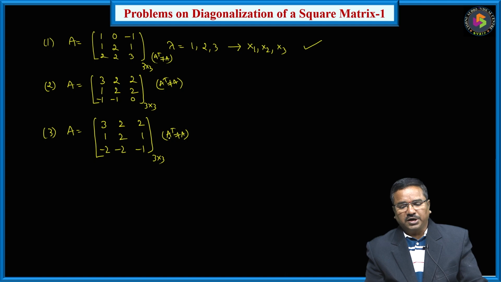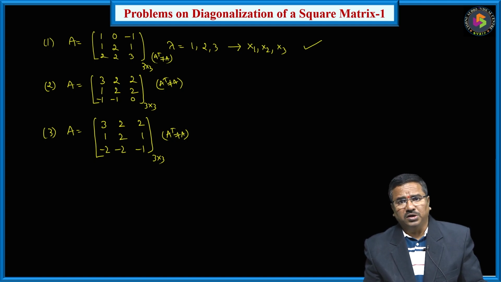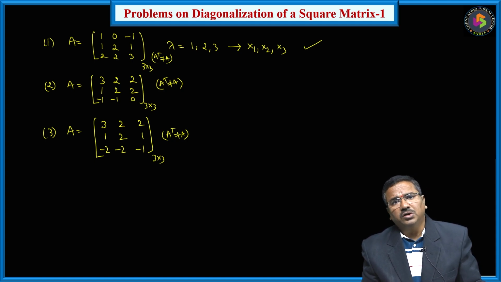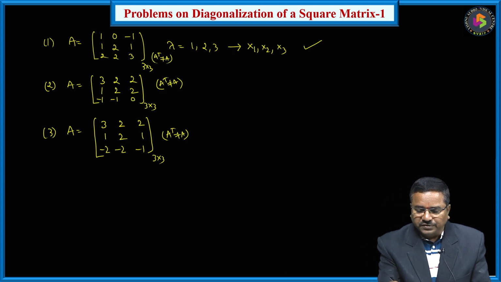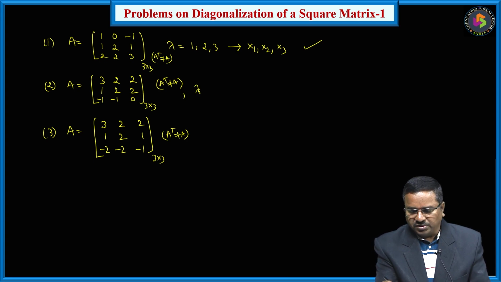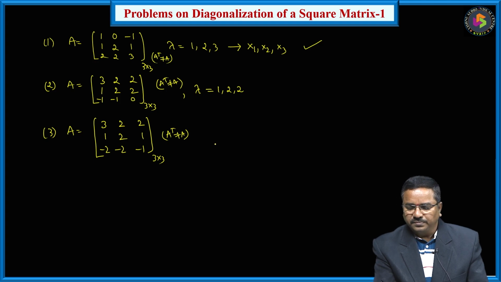Generally, a non-symmetric matrix may or may not be diagonalizable. Compulsorily, first we have to find the eigenvalues. If eigenvalues are distinct, automatically it will be diagonalizable, but in the repeated eigenvalues case, it may or may not be diagonalizable. Coming to the second matrix, we will get eigenvalues 1, 2, 2. What is the nature of the eigenvalues here? They are not distinct, and in such a case the total number of eigenvectors we get is only 2.